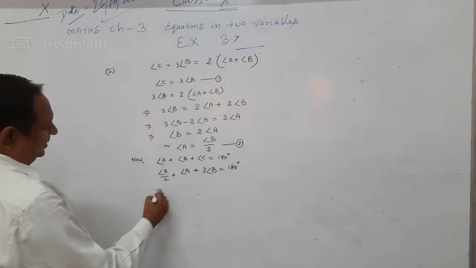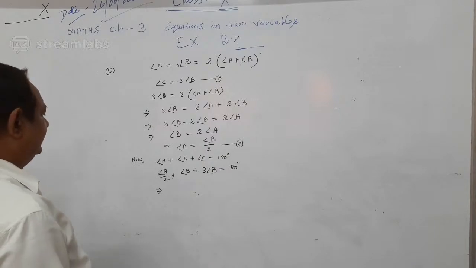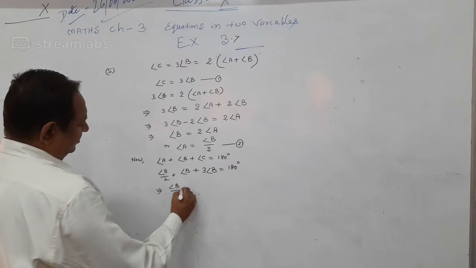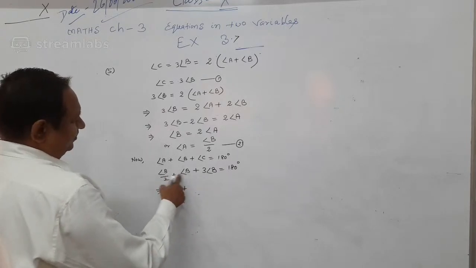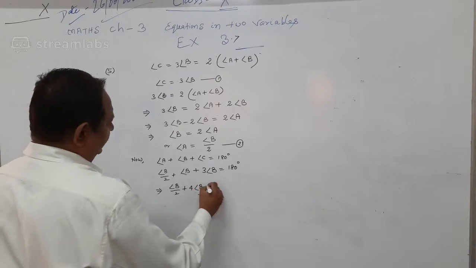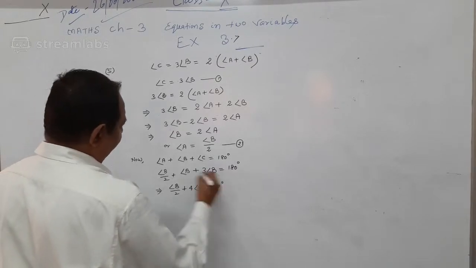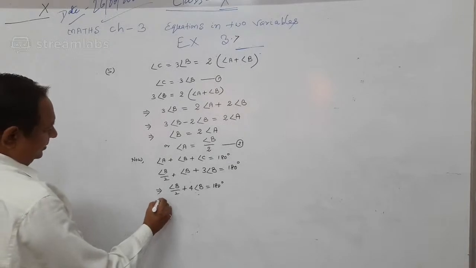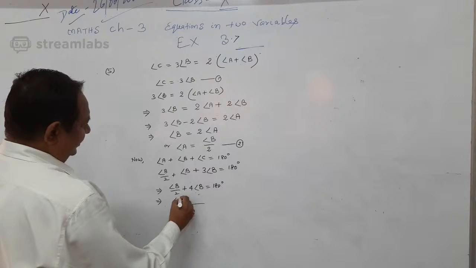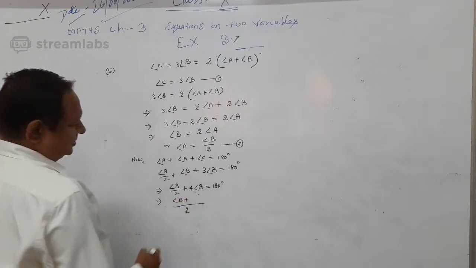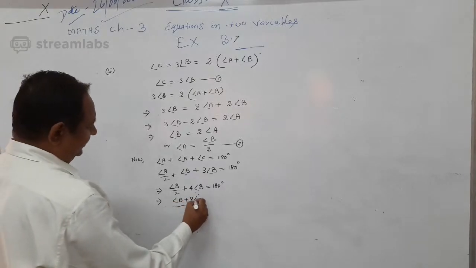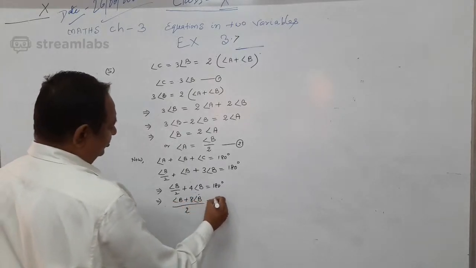This implies that angle B by 2 plus 1 plus 3, that is 4 angle B is equal to 180 degree. Or LCM 2, that is angle B plus 2 into 4, 8 angle B is equal to 180 degree.